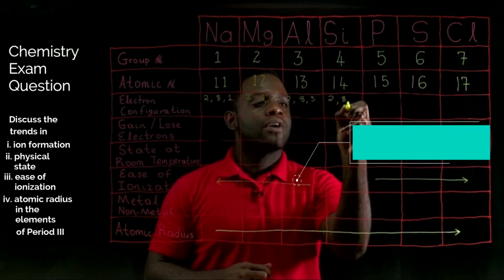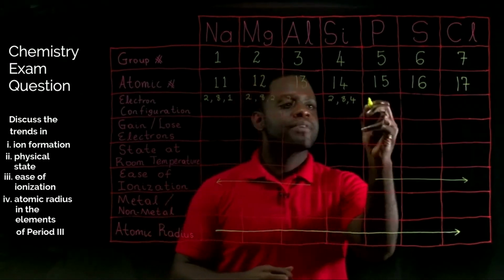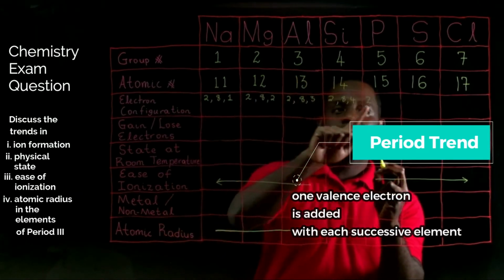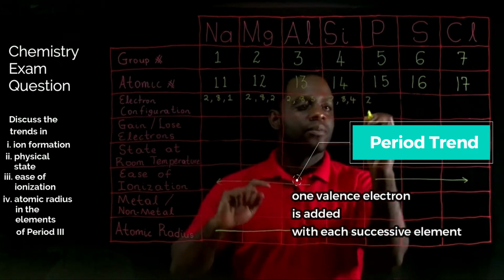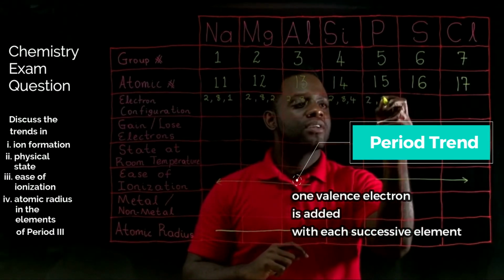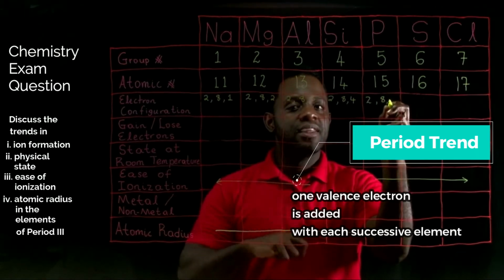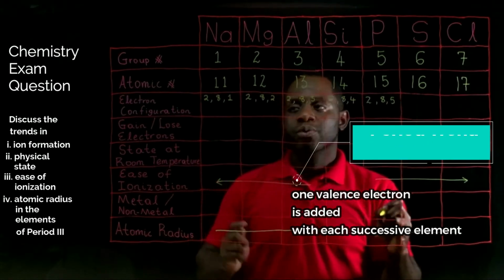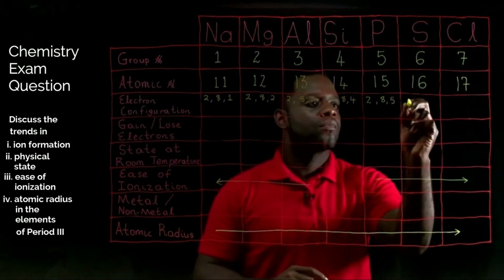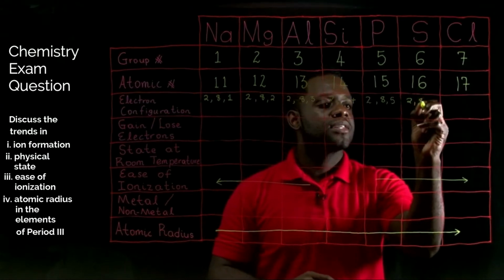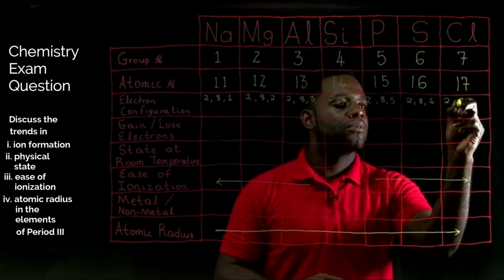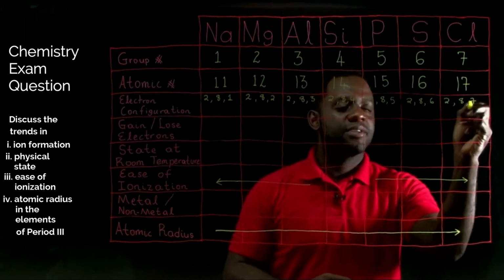And as we go across the period from left to right of the periodic table, in the same period, we are adding 1 electron to the valence shell, valence meaning the outermost shell, the last shell, to the atoms. 2, 8, 6 for sulfur, and chlorine 2, 8, 7.